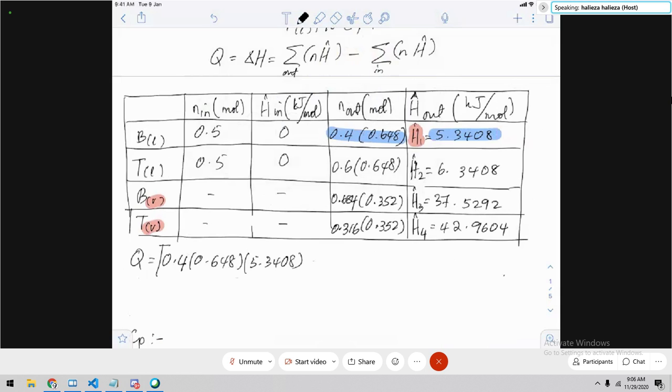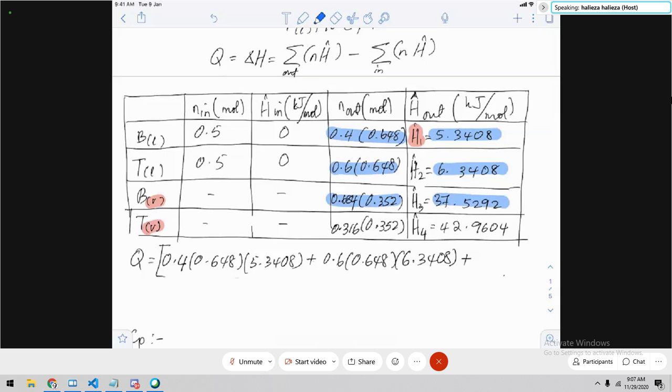The second component is toluene in the liquid phase. So that's its number of moles, and this is its corresponding enthalpy. 0.648 times the value of its enthalpy. You do the same thing for the other components, which is benzene in the vapor phase with its enthalpy.